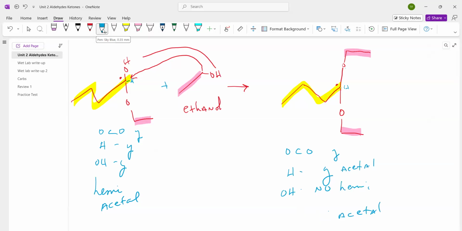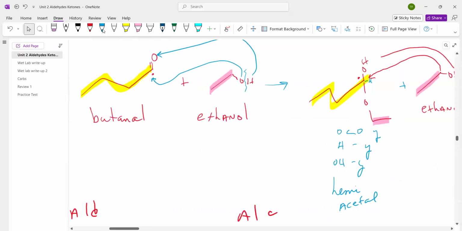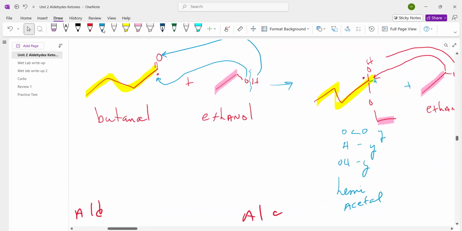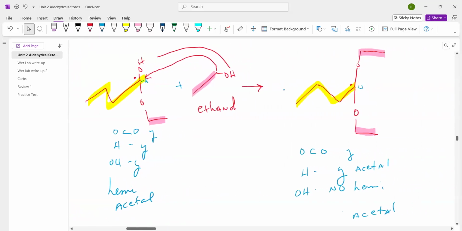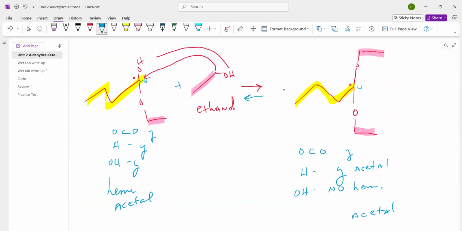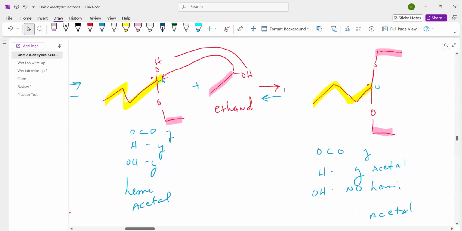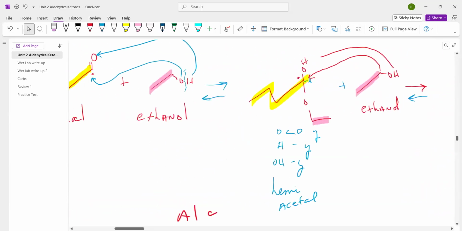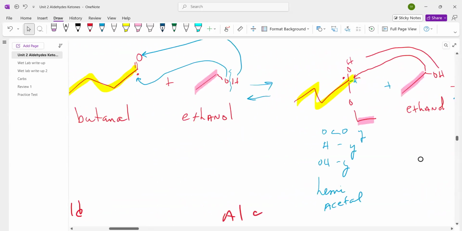Okay, now when we get to carbohydrates, these reactions are all reversible, meaning that we can take a hemiacetal and reverse it, and we'll end up with an aldehyde and an alcohol.